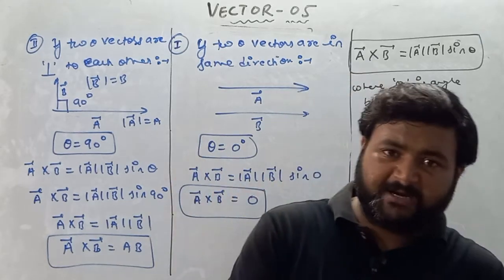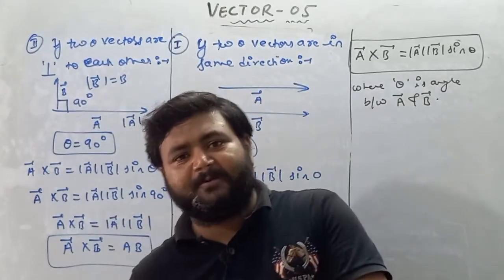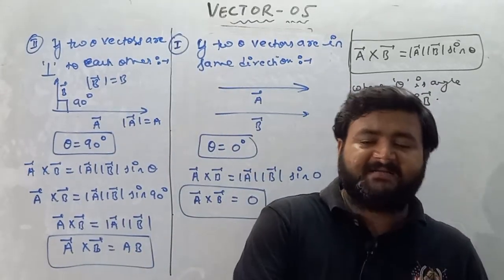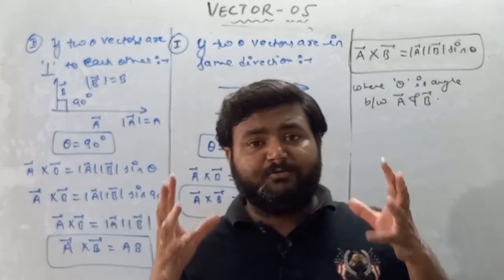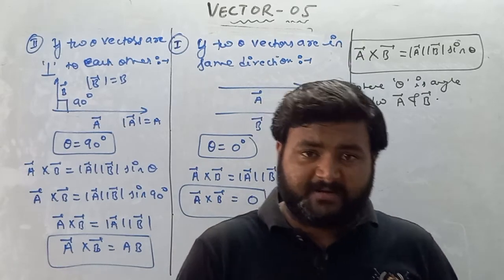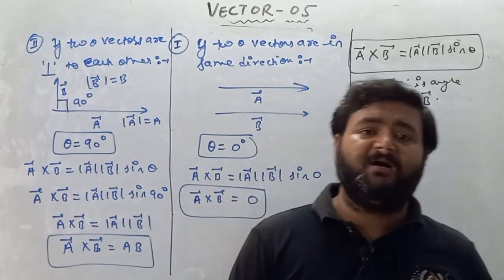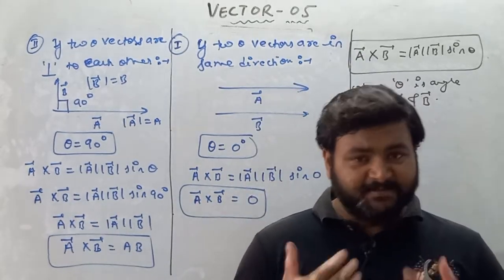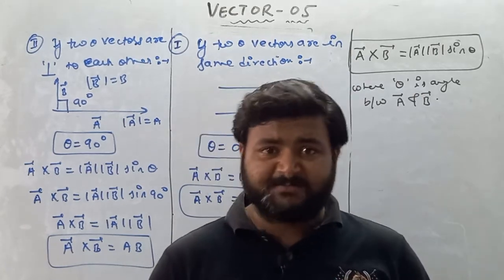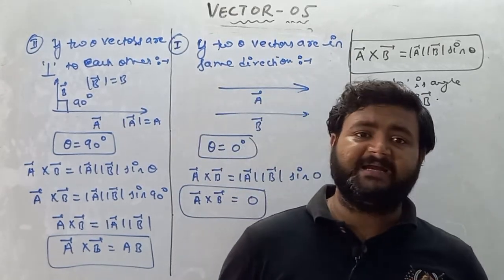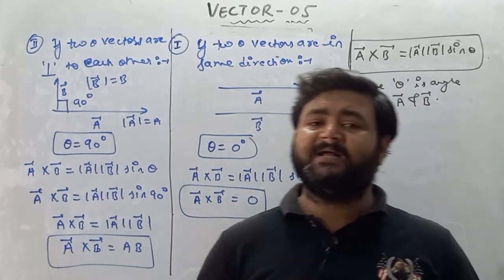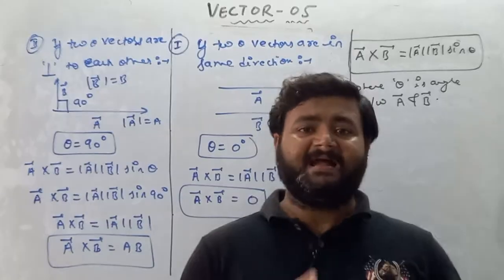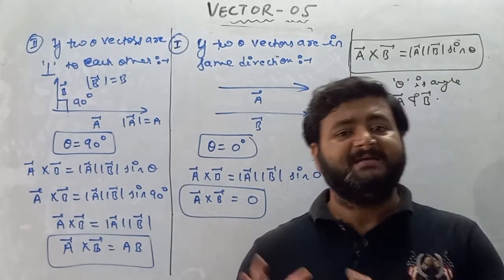So, cross product between two vectors and dot product between two vectors. Dot product is also called scalar product, because if you perform dot product between two vectors, you will get the result in the form of a scalar quantity. Similarly, if you perform cross product between two vectors, you will get the result in the form of a vector. That's why cross product is considered a vector and dot product is considered a scalar.